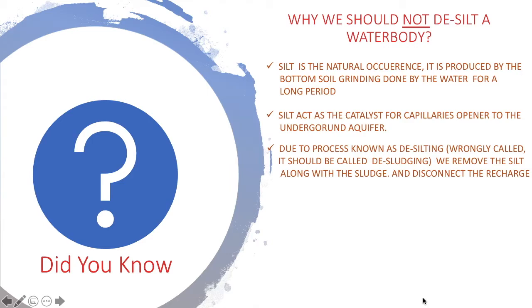Due to that, the overflowing of these water bodies will happen in case of heavy rains, because now we have disconnected the connectivity between the aquifer and the surface water body due to this sludge.